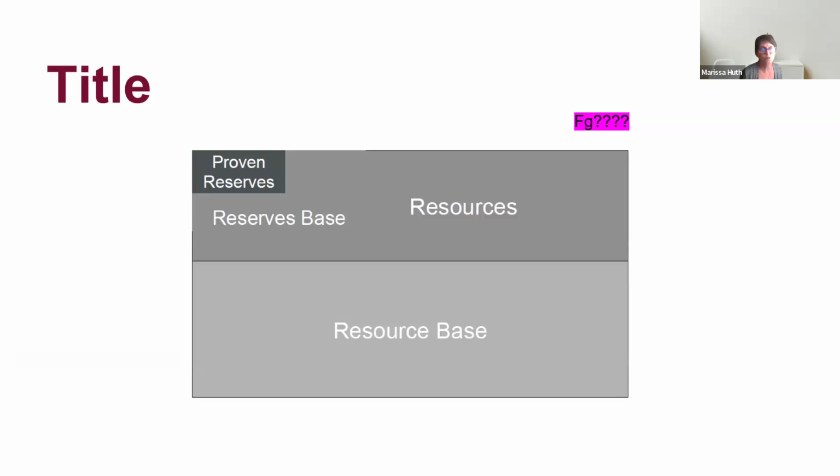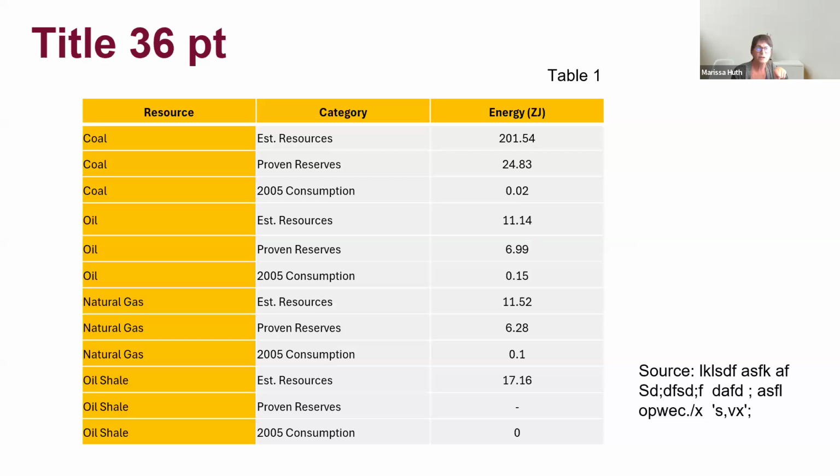Then there were some that had more elements in them. And I set this up so that the title would be read first, then the figure, and then the image or the illustration. I also created a couple of tables for myself with the table title text box right there, and a caption or something if that was needed as the last thing read here. And it was nice to have these.